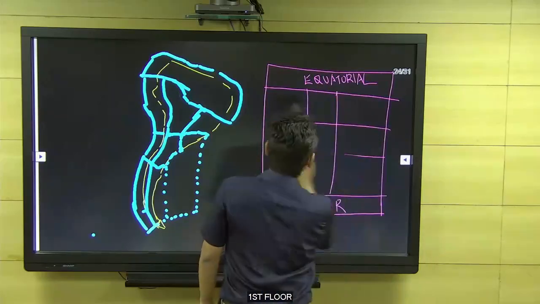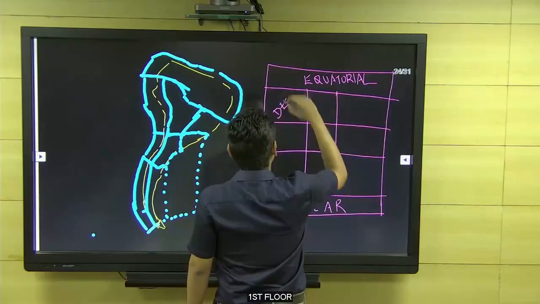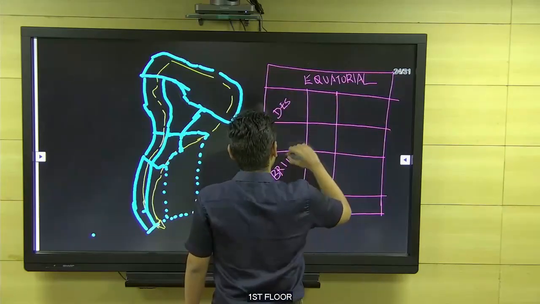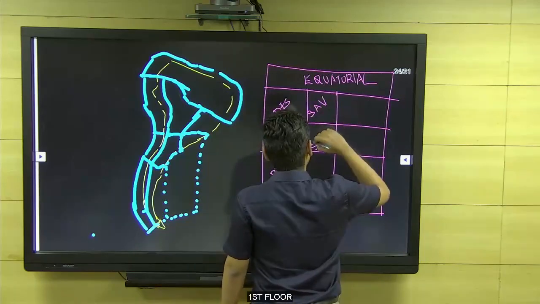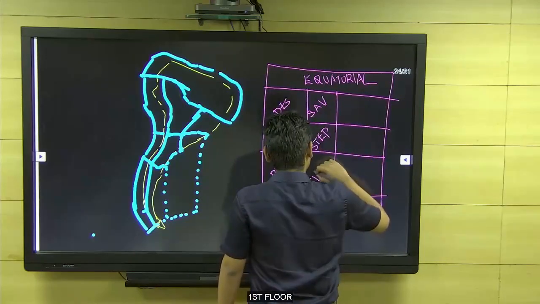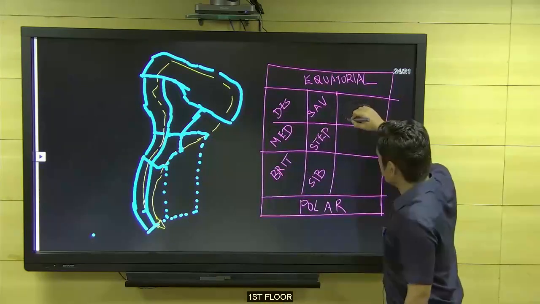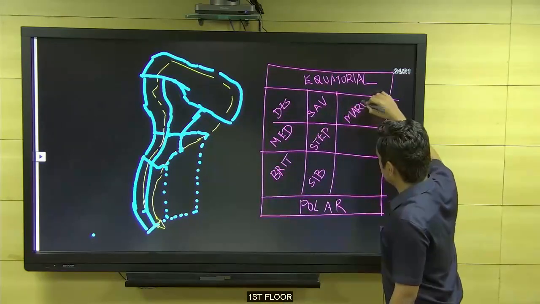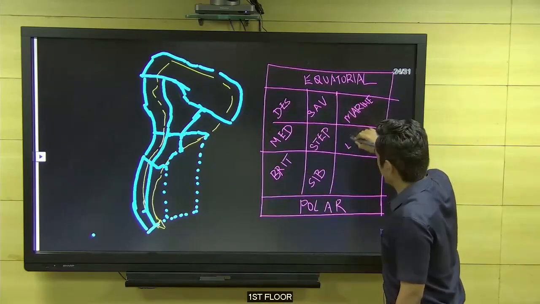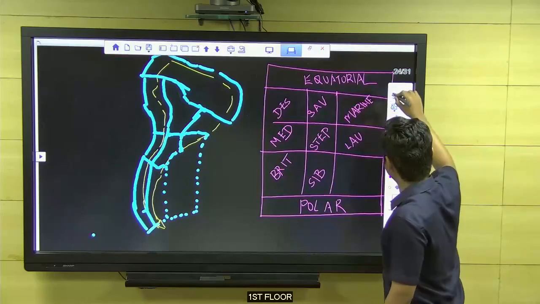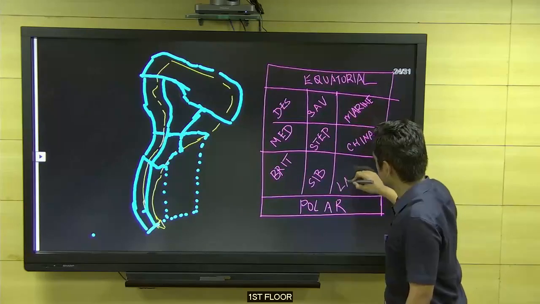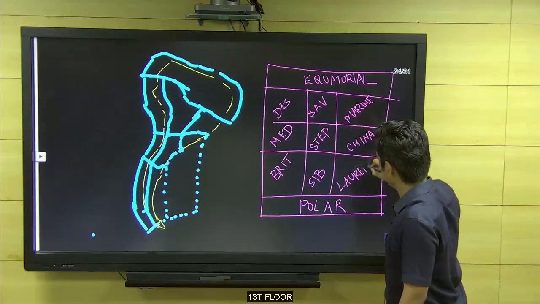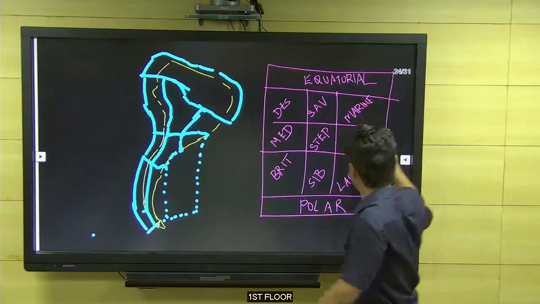Chart is this: desert, British, Mediterranean, savanna, steppe, Siberian, tropical marine, Laurentian, Chinese, and then Laurentian. We'll start one by one as usual.